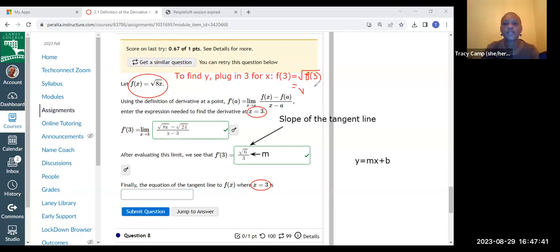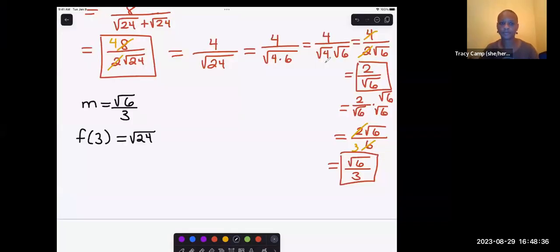So I'm going to go back to the iPad and write out this information. So I just wrote the information that we just got. First of all, that our slope m is the square root of 6 over 3. And second of all, that f of 3 is the square root of 24.